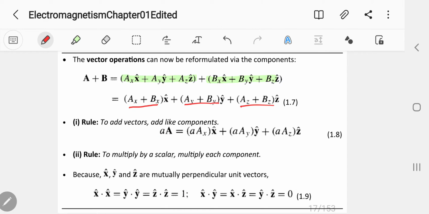And if you multiply a vector with a scalar, this is distributive, so you can distribute the scalar to Ax, to Ay, and to Az.